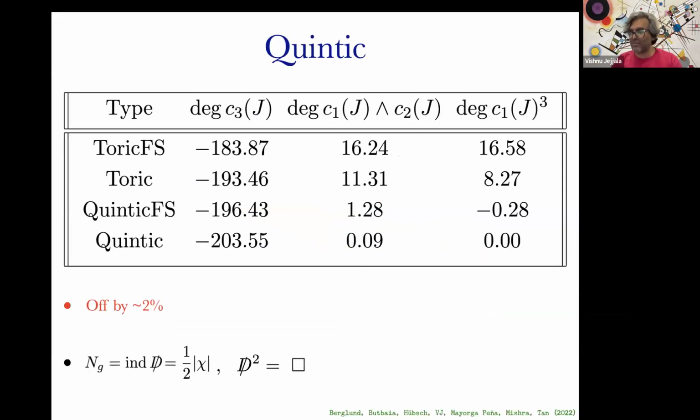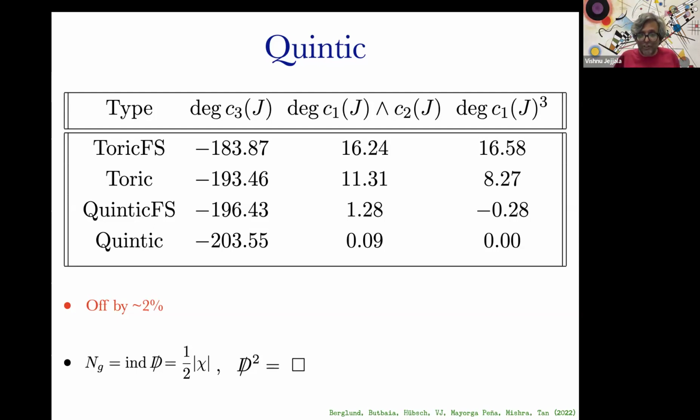Okay, so the next manifold to perhaps study is the quintic. We compute the quintic's Euler character in various ways, either with the Fubini-Study metric, where you're treating the quintic as a toric manifold, or as a complete intersection manifold.